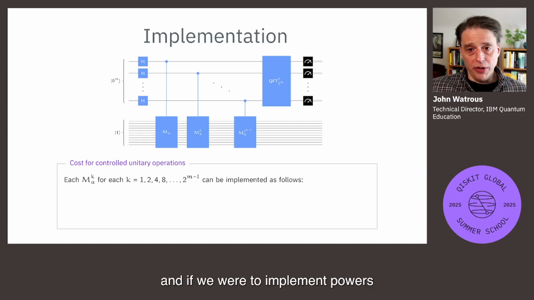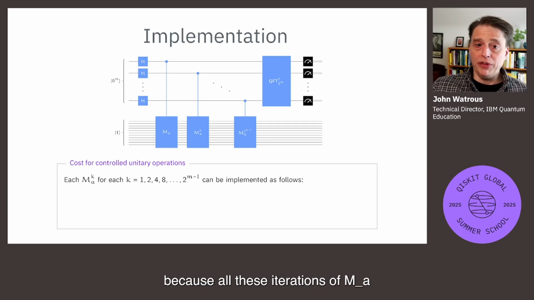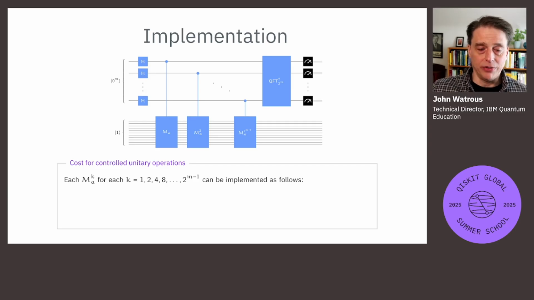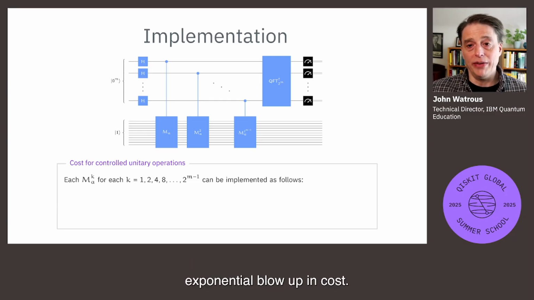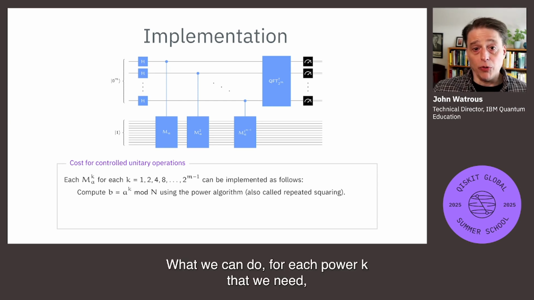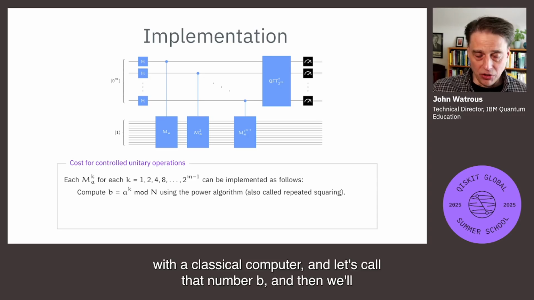And if we were to implement powers of MA by simply iterating MA, we'd be in big trouble because all of these iterations of MA would require an exponential number of gates. But fortunately, we can play a trick to avoid this exponential blowup in cost. What we can do for each power k that we need is to first compute a to the power k modulo N with a classical computer, and let's call that number b.